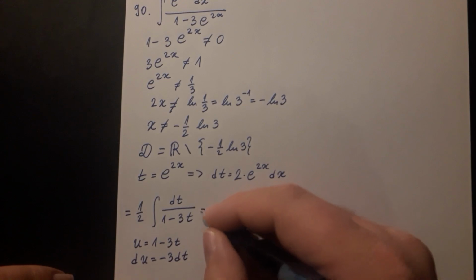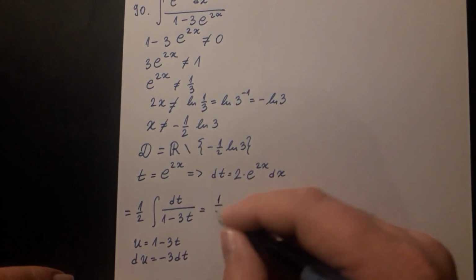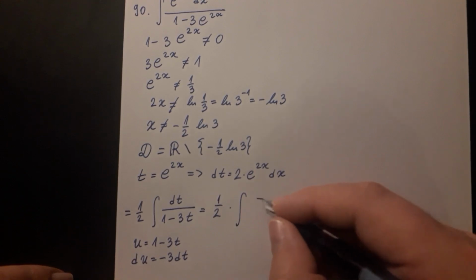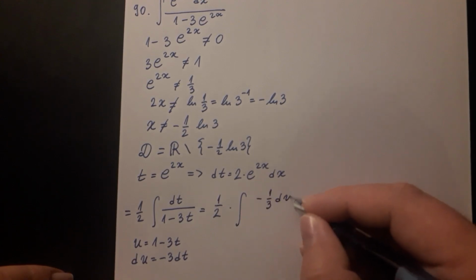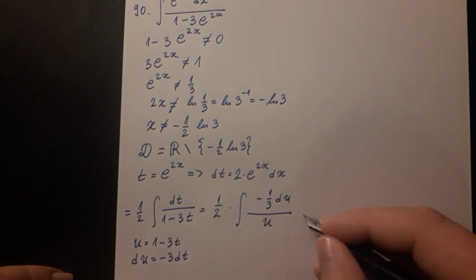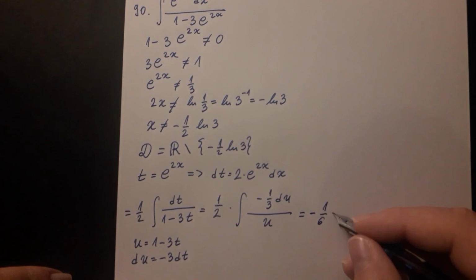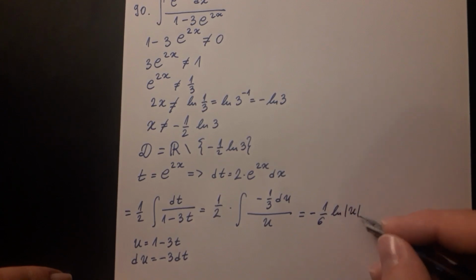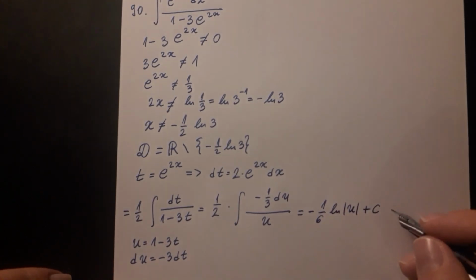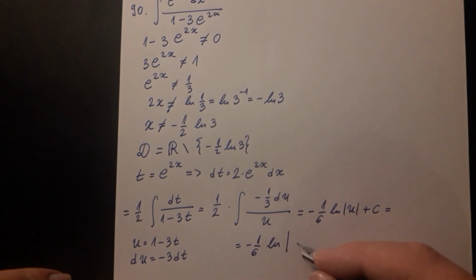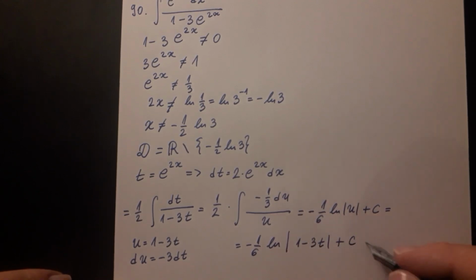This integral is then equal to 1/2 times an integral of negative 1/3 du divided by u, which is equal to negative 1/6 ln of the absolute value of u plus c, which is equal to negative 1/6 ln of the absolute value of 1 minus 3t plus a constant c.